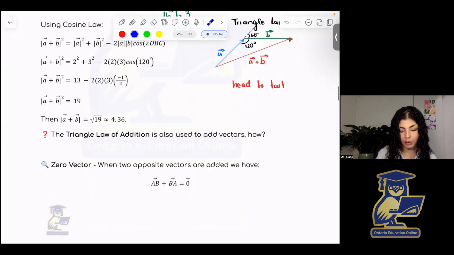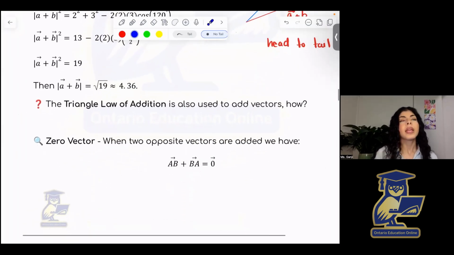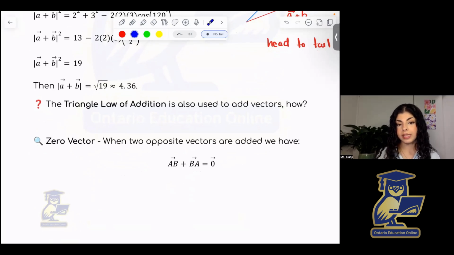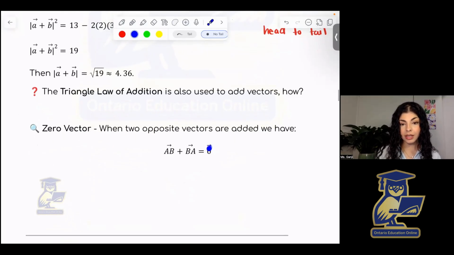Now, we've seen this before with opposite vectors, but now we're giving it a definition now that we have learned vector addition. So we have now a zero vector. When two opposite vectors are added, the resultant or their sum is the zero vector.